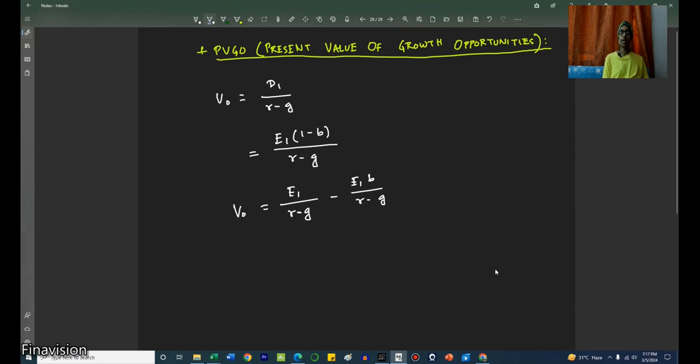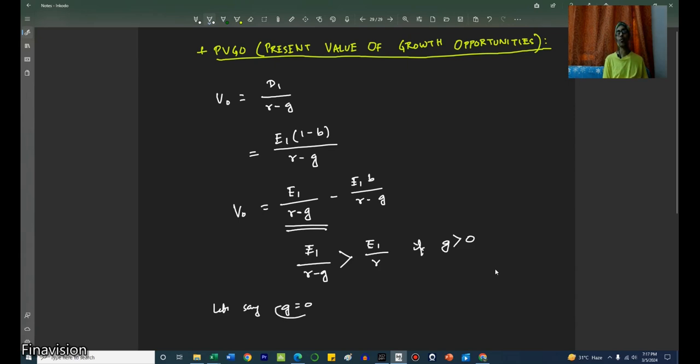Now let's take this expression only, E1 by R minus G. This is greater than E1 by R, obviously, if G is a non-zero number, if G is greater than 0, that is, it has a positive growth rate. Now let's say G is equal to 0.